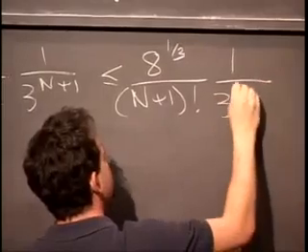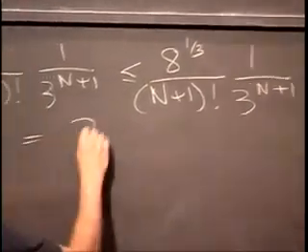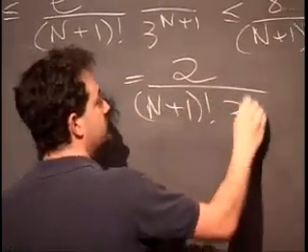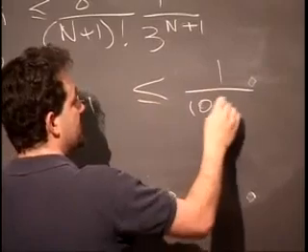We can make things bigger, which of course equals 2 over (n plus 1) factorial times 3 to the n plus 1. And the main advantage is I've gotten rid of the c. So I want this to be less than 1 over 10,000 again.